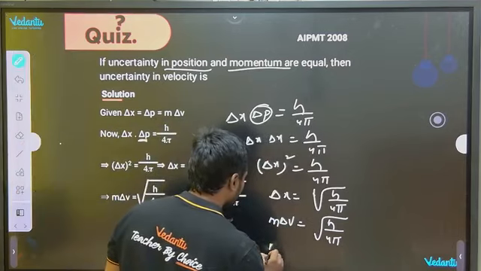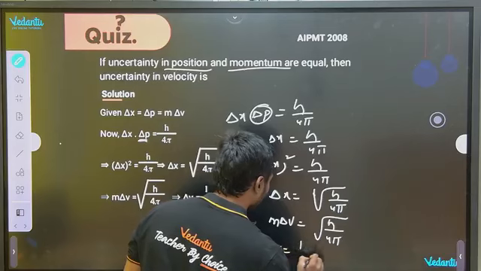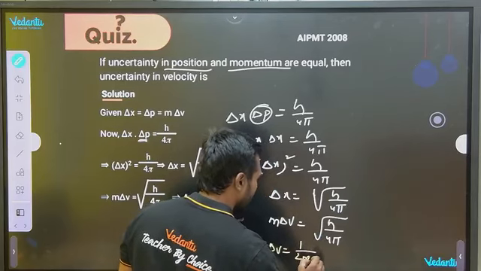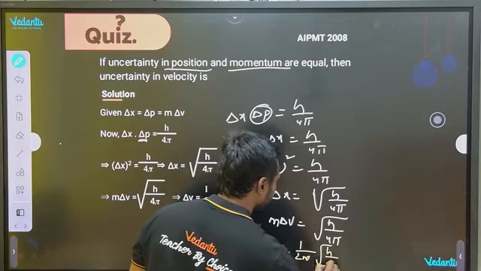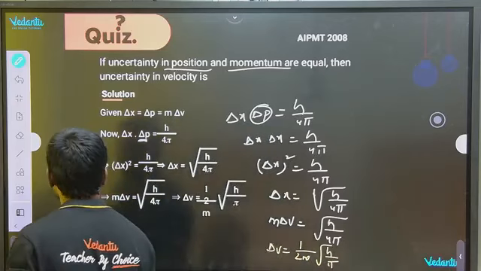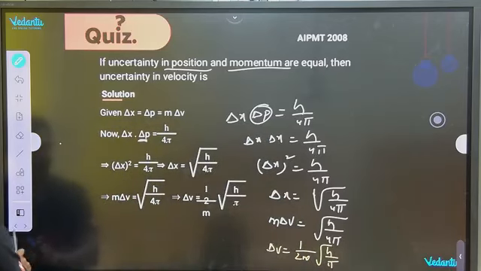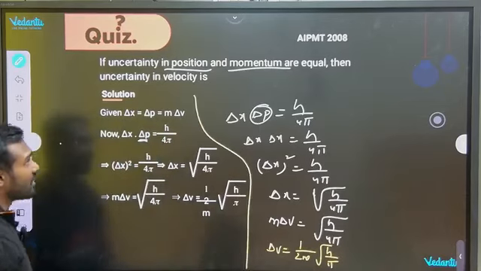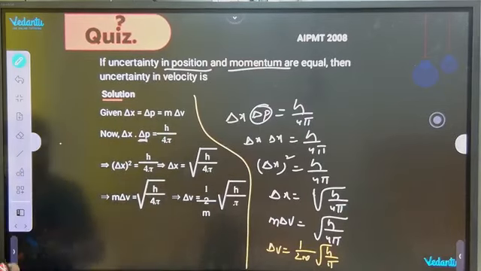So delta v is equal to 1 by m, this is root 4 will become 2, and h by... Next simple question. This is also, but it's a long back, all India pre-medical test.